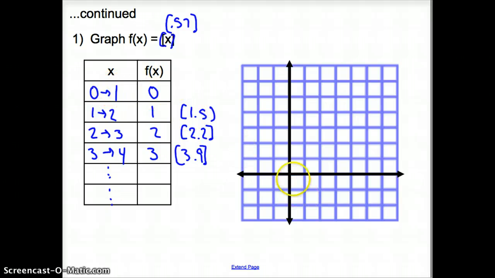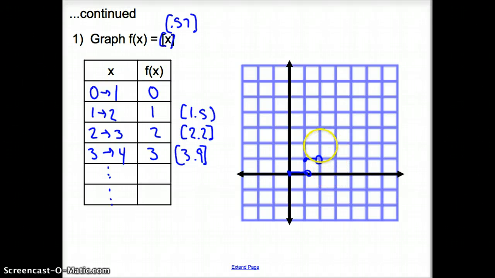Well, 0 to 1 is right here on my x, but it's at the y of 0. So here, now it's going to be a closed point to an open point. And now I'm going to do 1 to 2. I go 1 to 2, and that's at y is 1, or f of x is 1. 2 to 3. So I find here's 2 to 3. How high do I go?